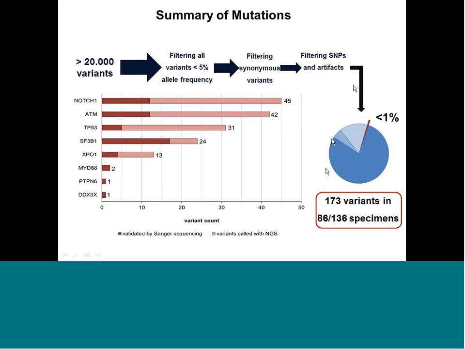And then we remained with only 173 variants in these patients. And by this massive reduction of variants, you can see that it is very important to have a backbone of a very, very rigorous bioinformatic pipeline, because you are not able in a diagnostic setting to analyze 20,000 variants by hand and eye.